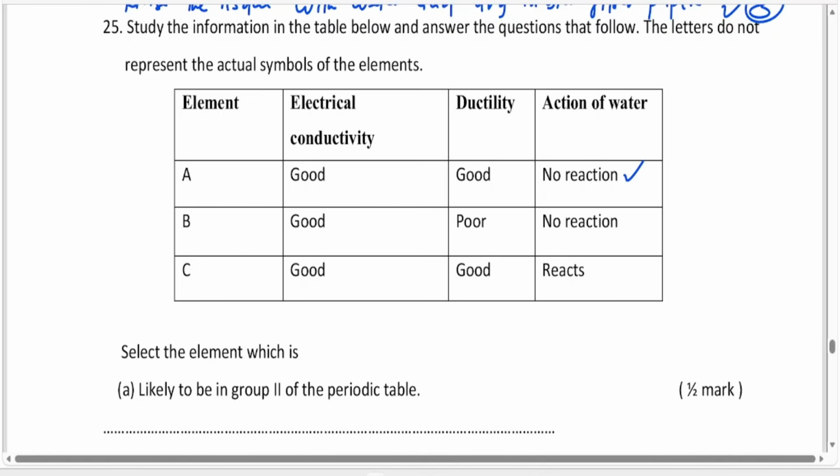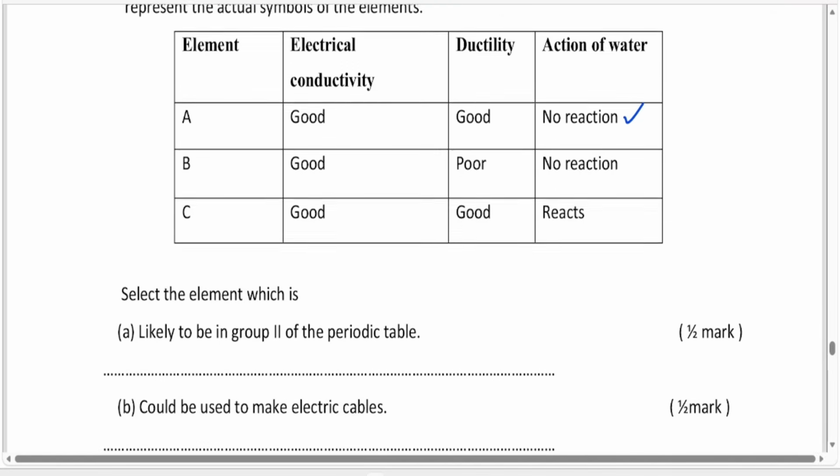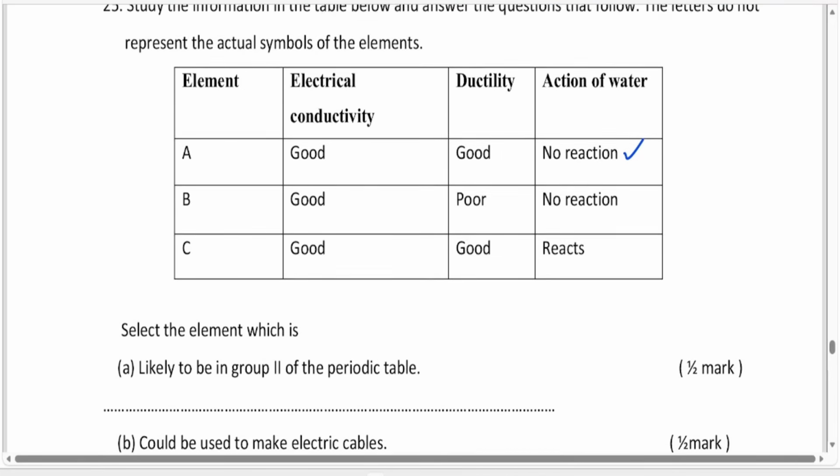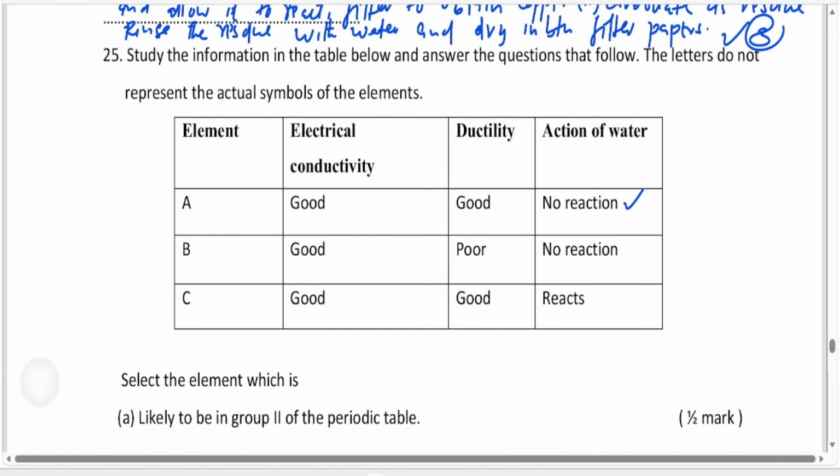We have B with good electrical conductivity, poor ductility, and no reaction with water. C has good conductivity, good ductility, and reacts with water. So we are supposed to select the element which is likely to be in group 2 of the periodic table.